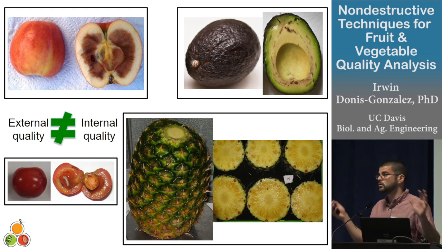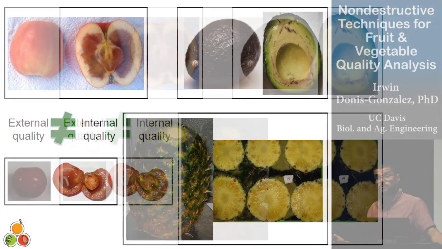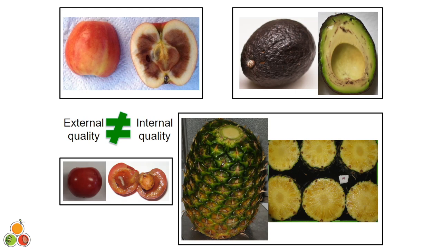It's fairly trivial to look at the external part of the fruit, but it's extremely challenging to look at the internal properties of the fruit. As in this case, this is just an example of a tart cherry that had an insect infestation, apple browning, avocado, very common, and pineapple translucency.